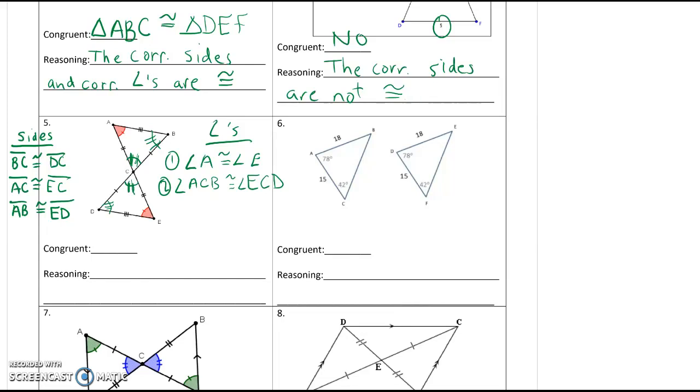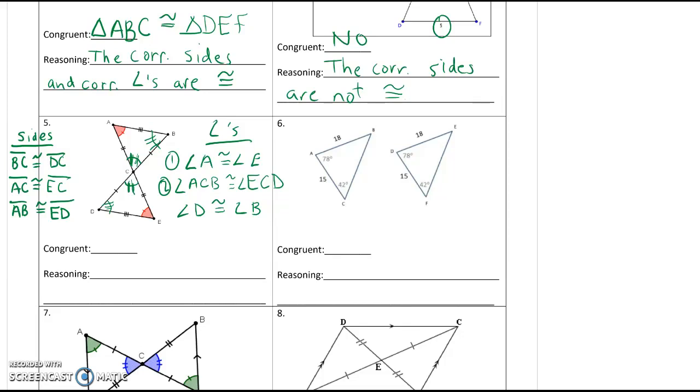If we know 2 out of the 3 angles, we can figure out the third angle, right? So if 2 out of the 3 angles match for both triangles, then the third angle also has to match. So angle D is congruent to angle B. We have all 3 sides congruent, and we have all 3 corresponding angles congruent.